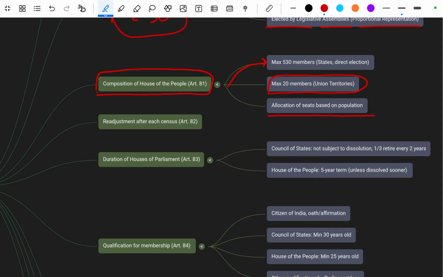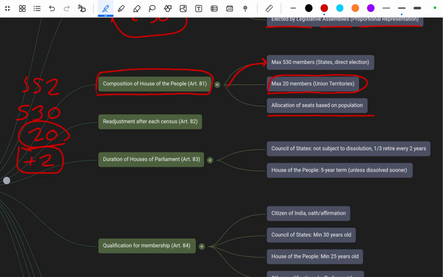So basically there were 552 seats, right, in which 530 are from states and 20 are elected from the UTs, and there were two people who are nominated, right.